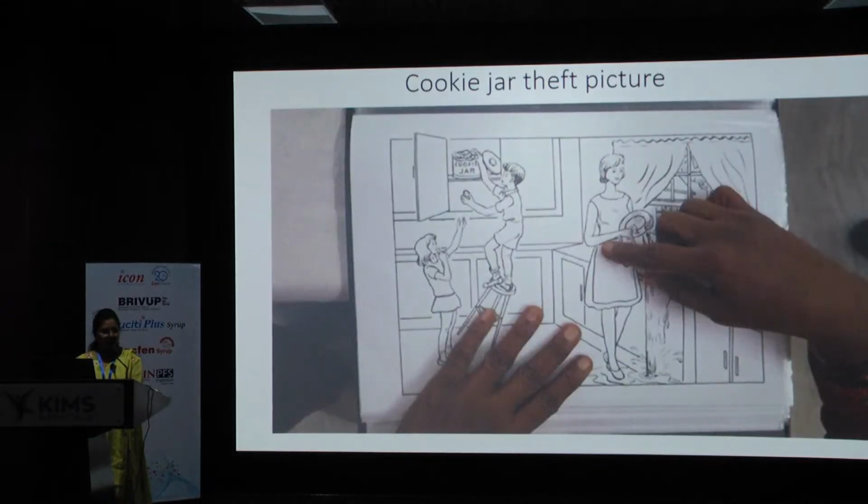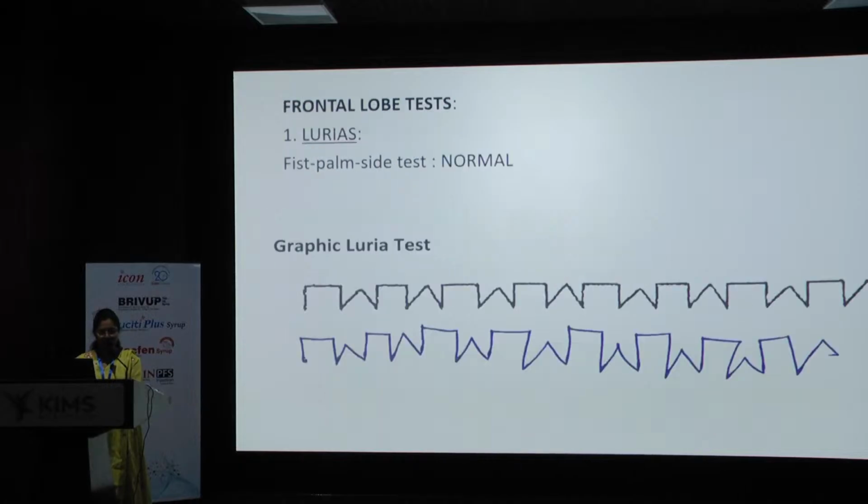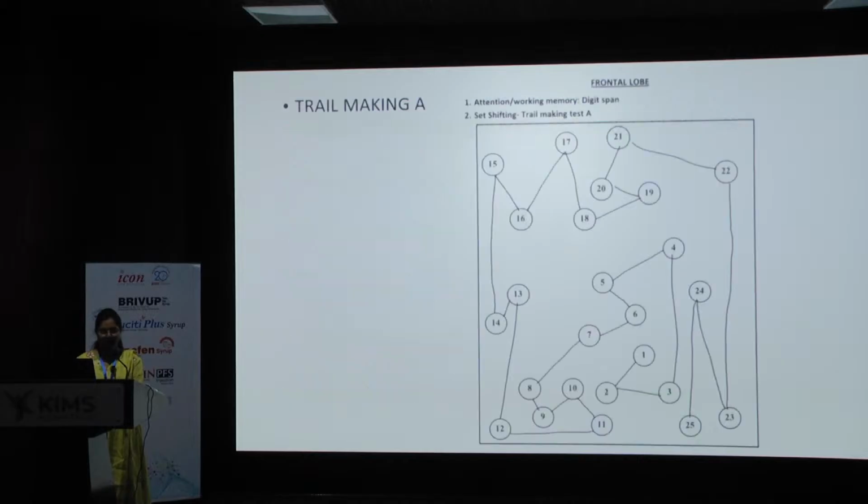Cookie theft picture, he could interpret the complete image. There is no hemineglect, line bisection is also normal. Stereognosis is normal. Frontal lobe: motor and graphesthesia are both normal. Abstract thinking, similarities, go/no-go, everything he could do correctly.